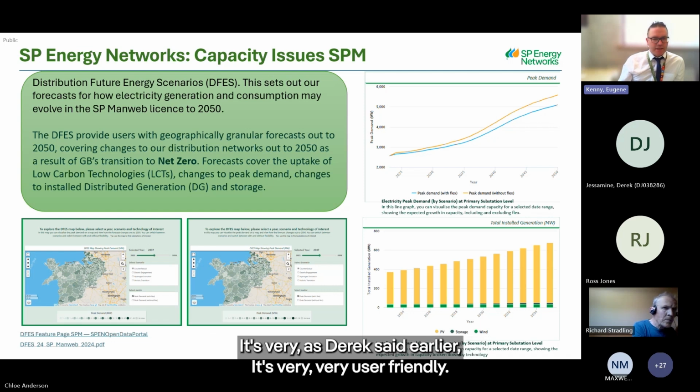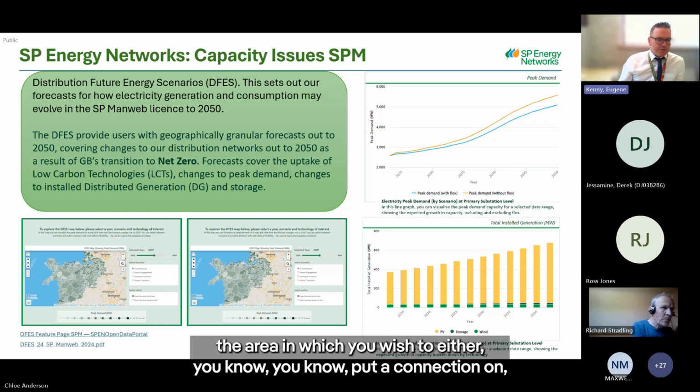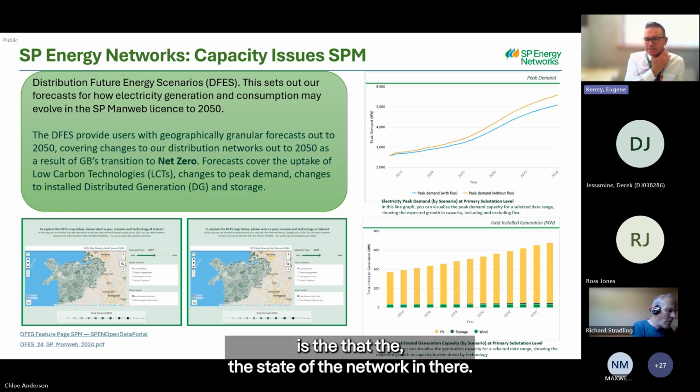As Derek said earlier, it's very user friendly in order to see the area in which you wish to put a connection and see what the state of the network is there.